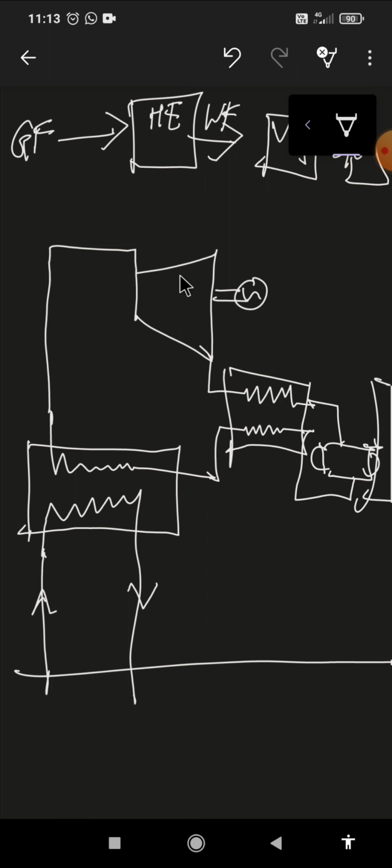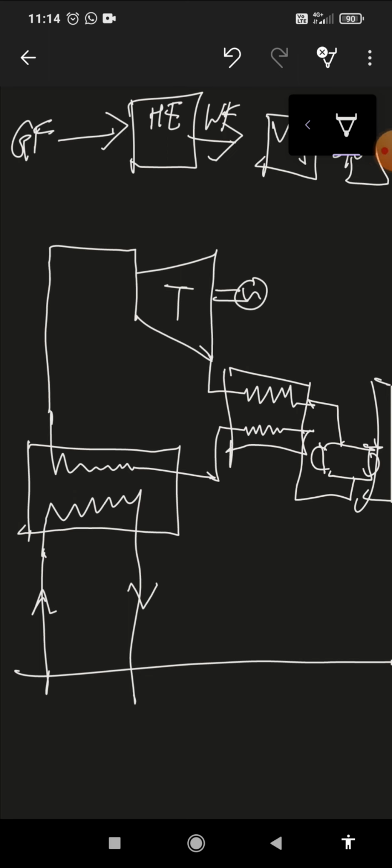So here there is a change, that here we are using a heat exchanger instead of a flash steam separator. And also the temperature is a little bit low.